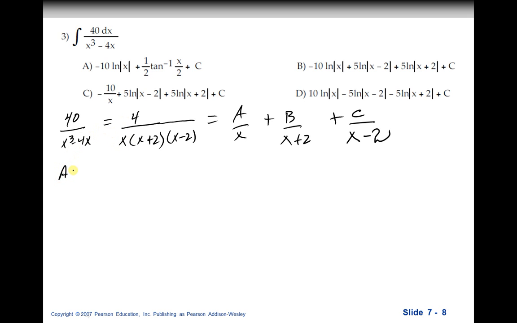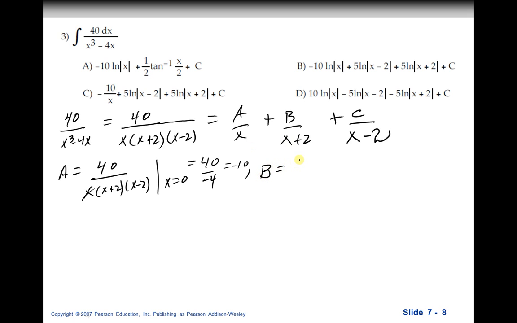A is equal to, by the way, this is 40. A is equal to 40 over x, cover that up, (x + 2)(x - 2), evaluated at x equals 0, gives you 40 over minus 4 equal minus 10.